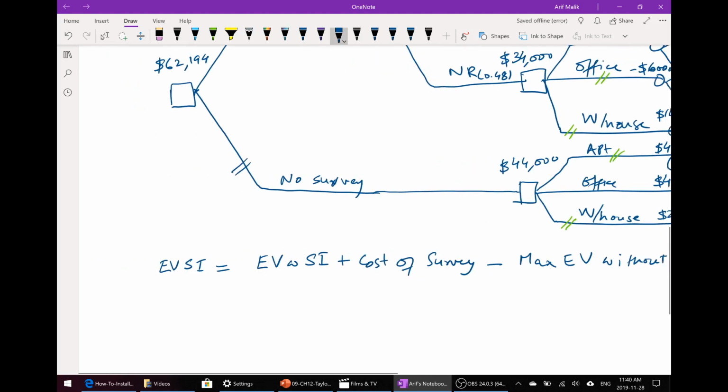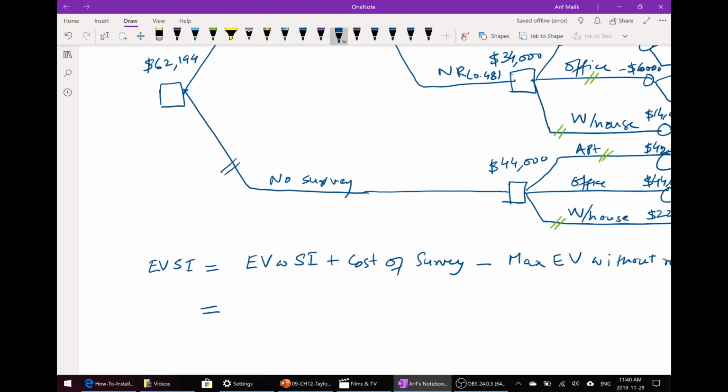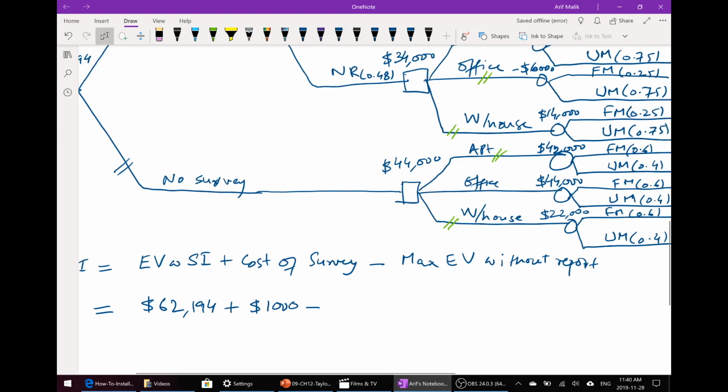Okay, so expected value of survey information is then $62,194 plus the cost of survey was $1,000. All right, minus the maximum expected value without report was $44,000.